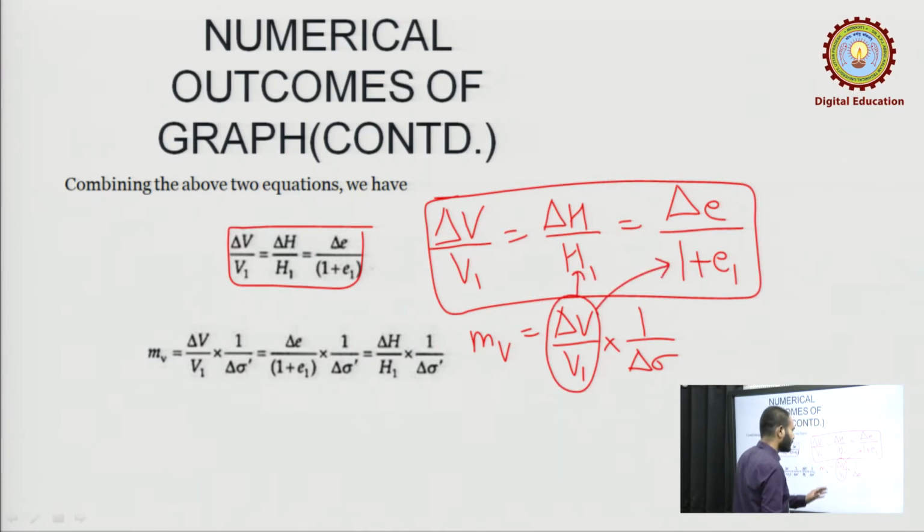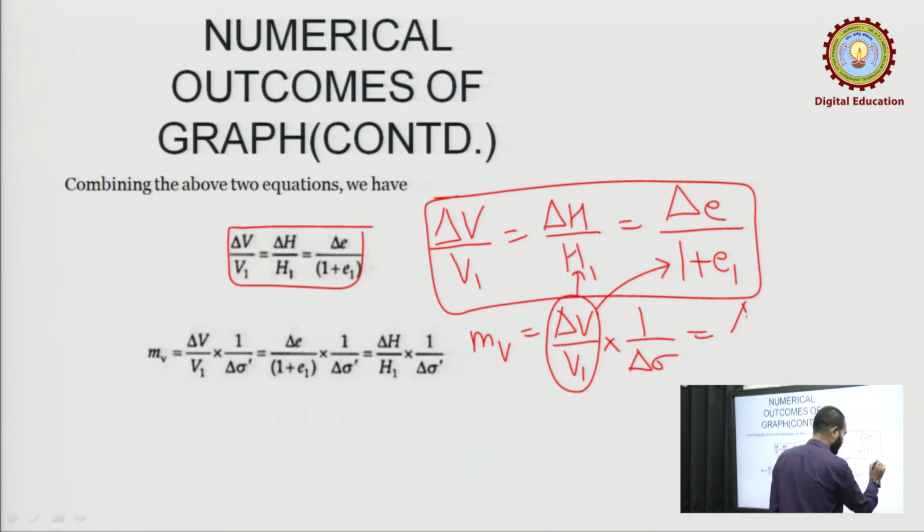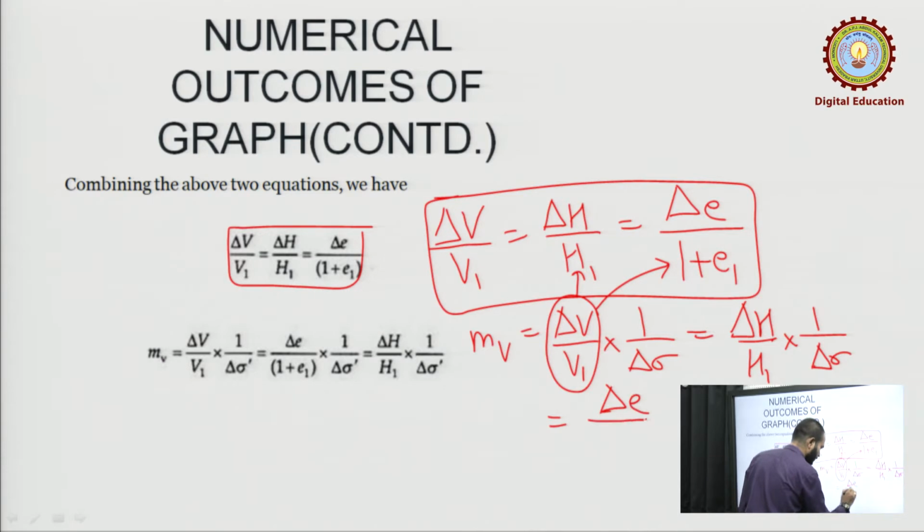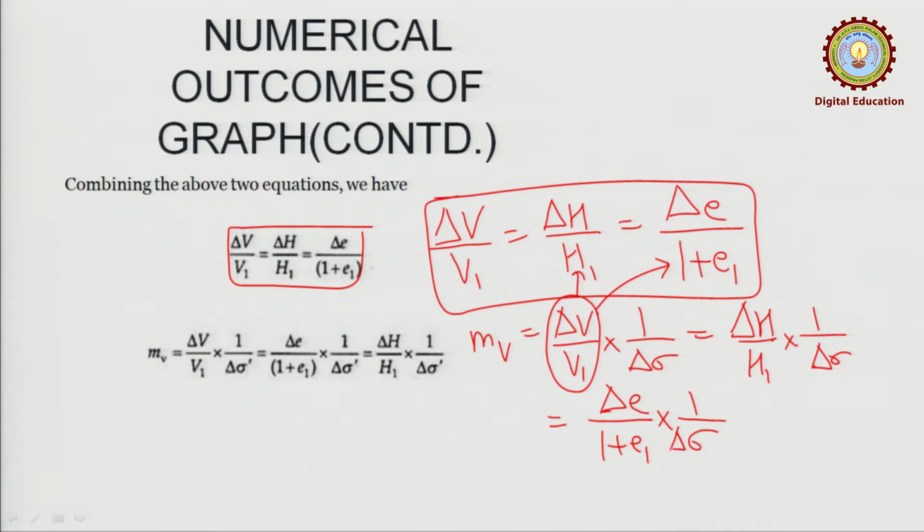One formula obtained is delta H upon H1 into 1 upon delta sigma, and another formula will be delta E upon 1 plus E1 into 1 upon delta sigma. Just now, if you remember, delta E upon delta sigma we read as av. So, this can be written as av upon 1 plus E1, but this was also with a negative sign. If you want, you can also write it as minus av upon 1 plus E1.